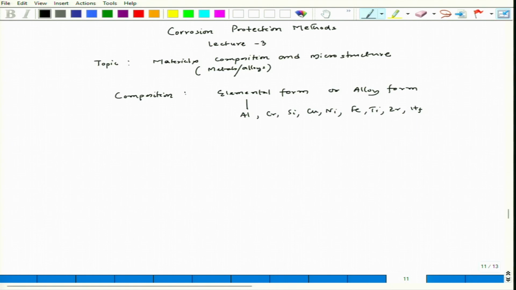Out of those elements, some have inherent high corrosion resistance, and that is decided by the position of those elements in the electrochemical series. Since it is a pure form, we can consider the standard electrochemical series.